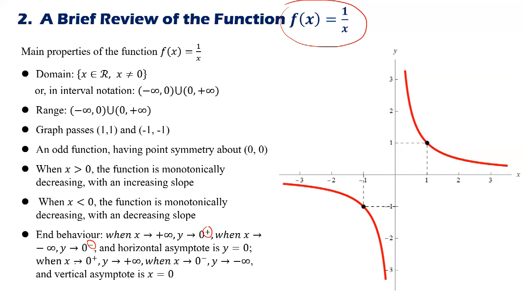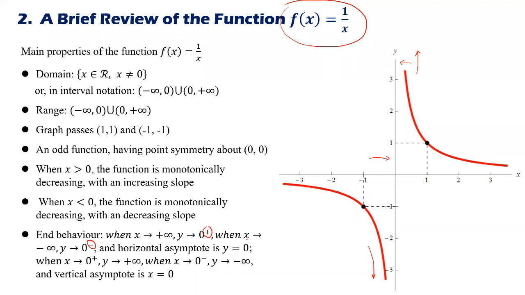And when x approaches 0 from the positive side, y approaches positive infinity. And when x approaches 0 from the negative side, y approaches negative infinity, and the vertical asymptote is x equals 0, which is the y-axis, right?